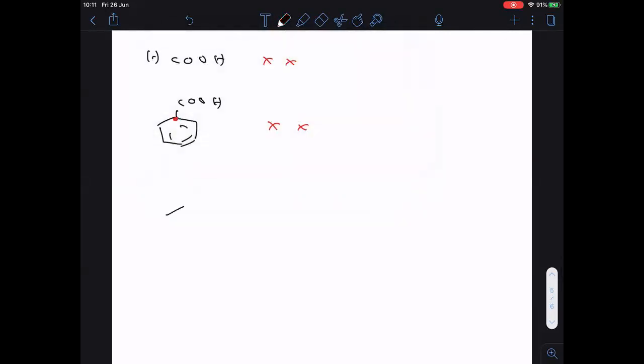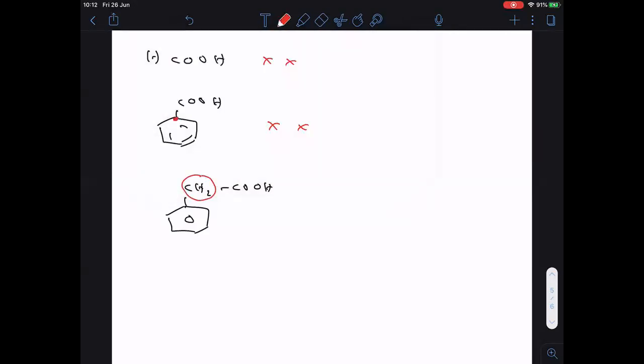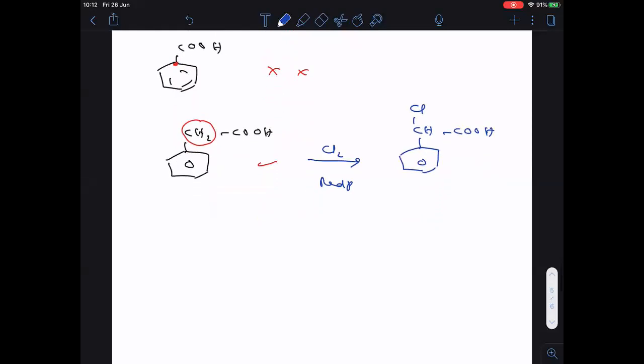Completed. Now for example, if I take the next one, CH2COOH, does it undergo the HVZ reaction? Here you see the functional group bonded carbon is the alpha carbon and 2 alpha hydrogens are there. So it undergoes the HVZ reaction. How does it undergo? Let us take fluorine and red phosphorus. First of all, one alpha hydrogen is displaced by fluorine. Clear?